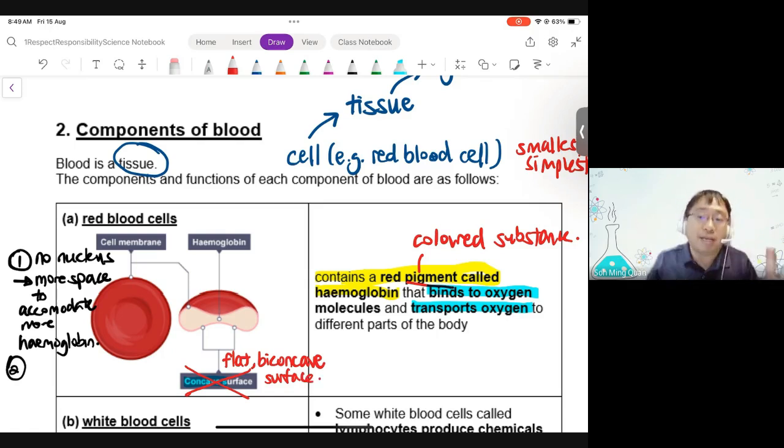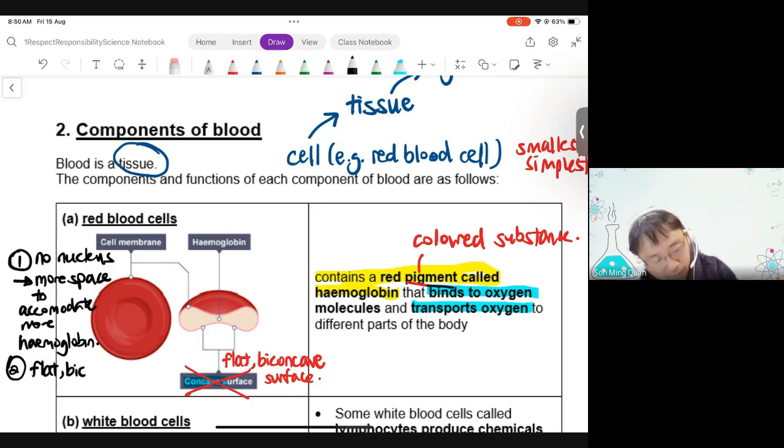So red blood cells have a unique shape. It's what I call a donut shape. Okay, but it's a donut that's flat in the center. All right, so it has a flat biconcave surface or shape. So what is this flat biconcave shape used for?